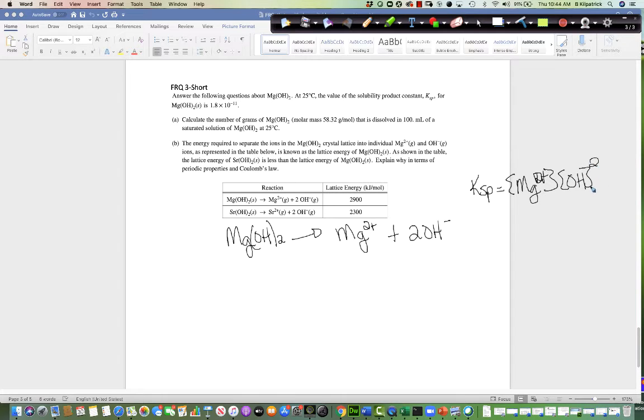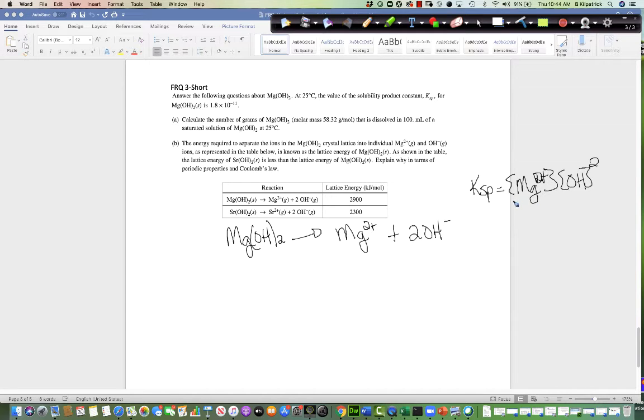It's asking how many grams of this is dissolved in 100 milliliters. If I can figure out how many moles per liter I have of my magnesium, then I can figure out how many grams are dissolved in 100 milliliters of water. So really what I need to know is how much magnesium is released into the solution when I dissolve this compound.